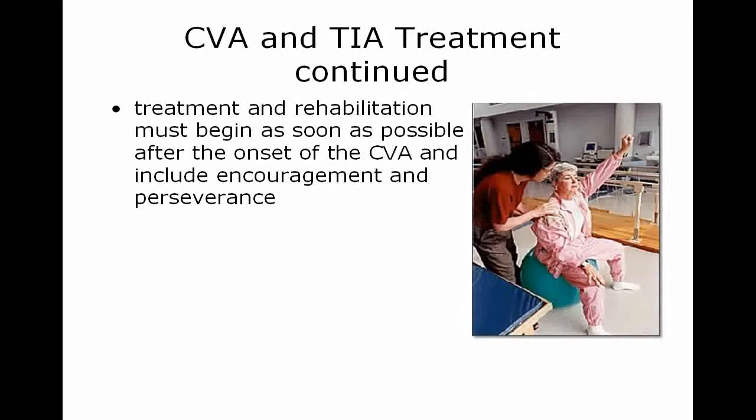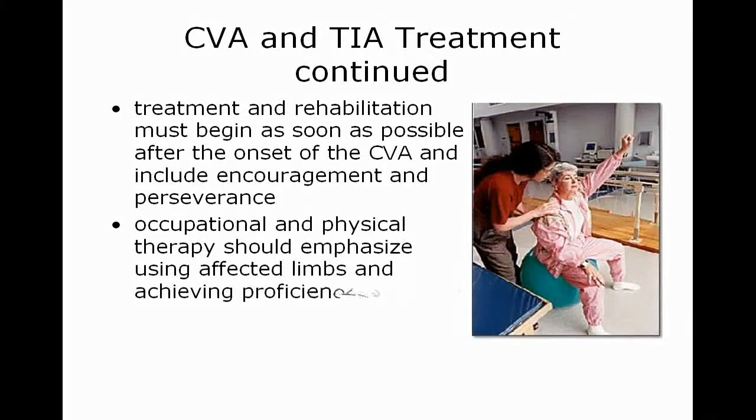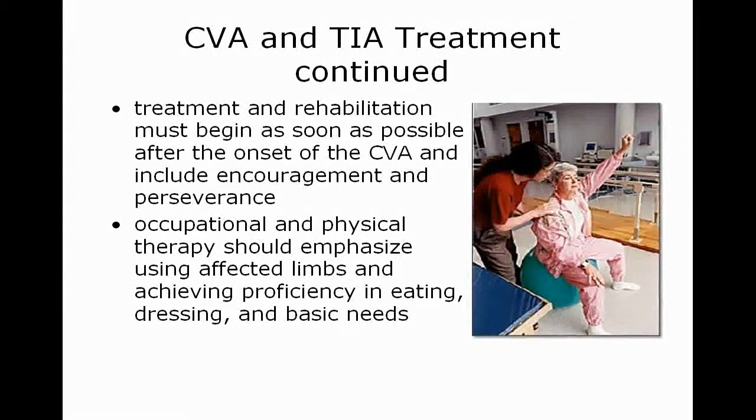So the treatment rehab needs to begin as soon as possible and includes encouragement and just really helping the person understand that they can get better, because most people can. It may be a long rehab process, but if they're treated soon enough and treated correctly, they should be able to recover from the stroke.